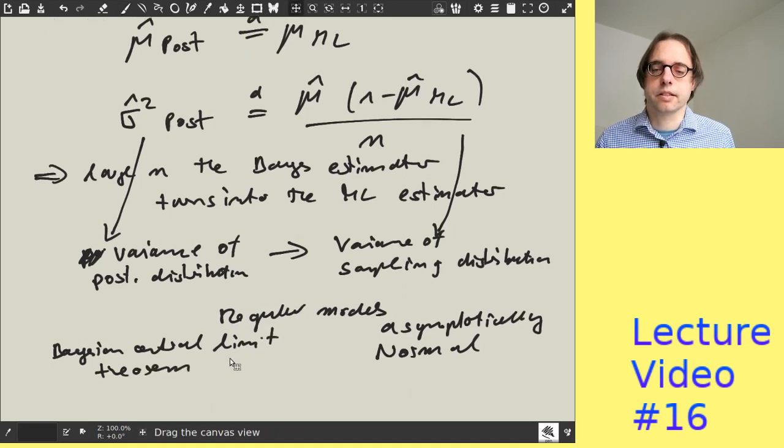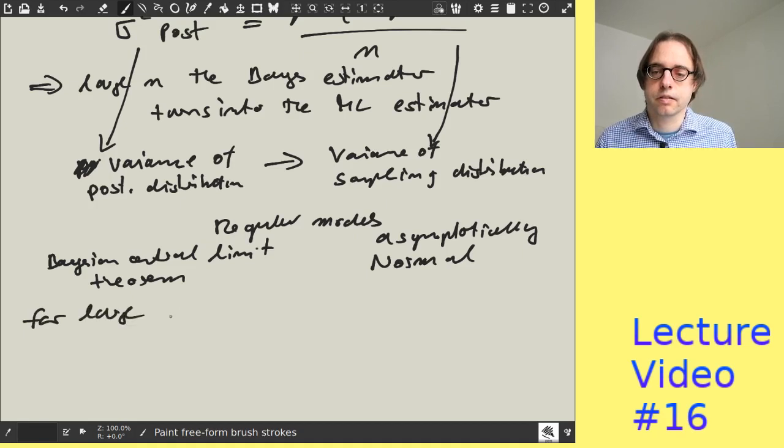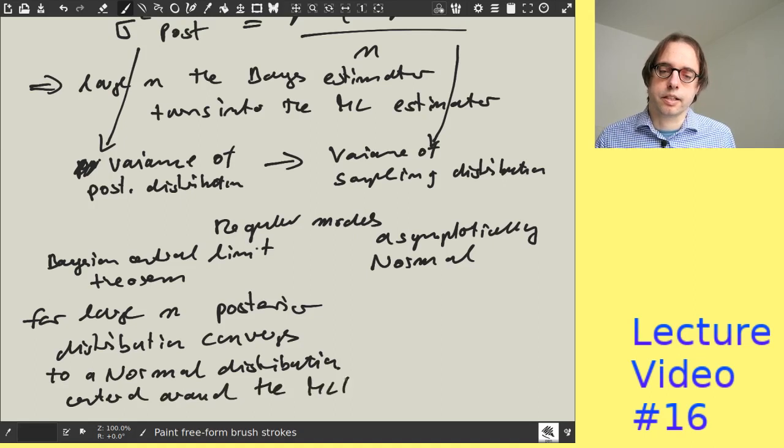The Bayesian central limit theorem states that for large n, the posterior distribution converges to a normal distribution centered around the MLE.